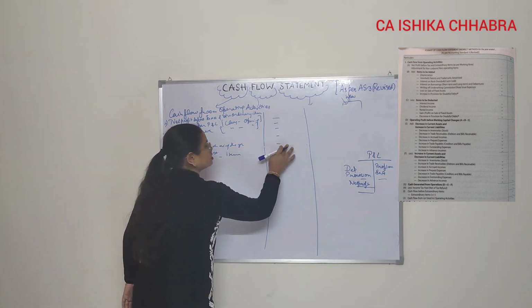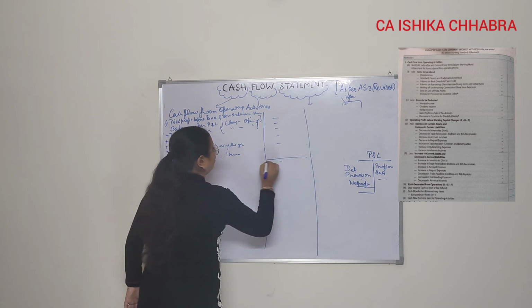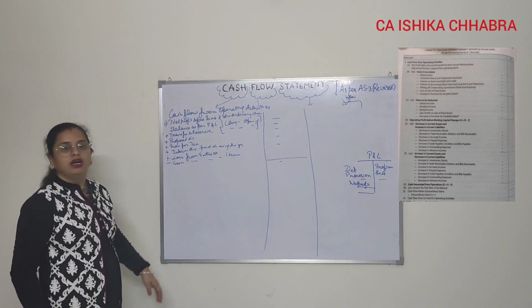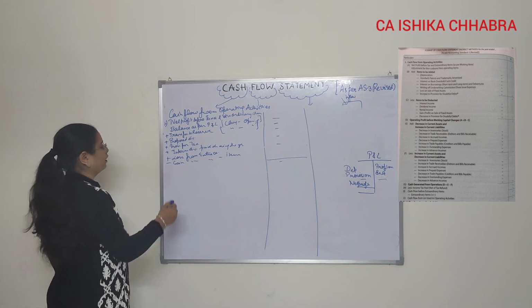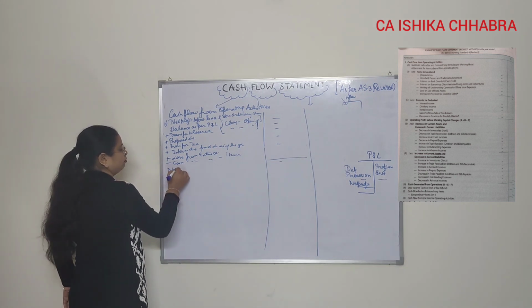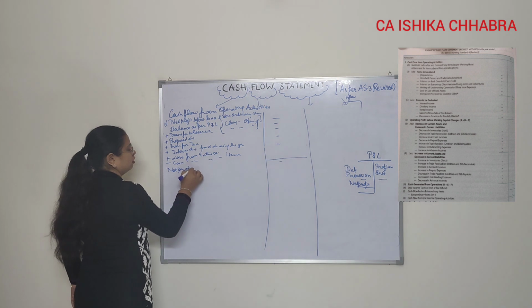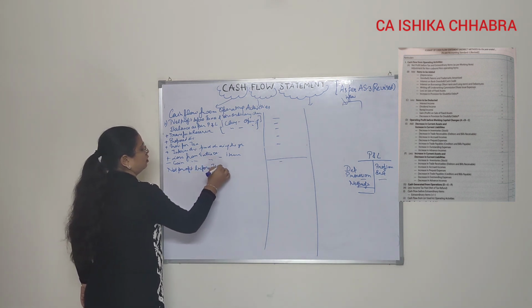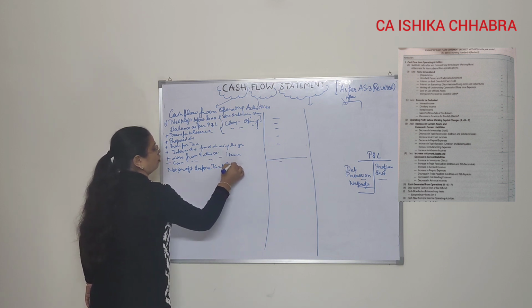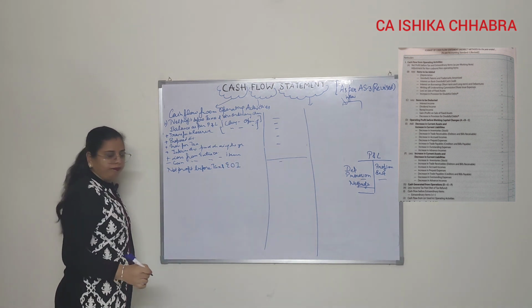Then after this, our net profit before tax and extraordinary items will come.